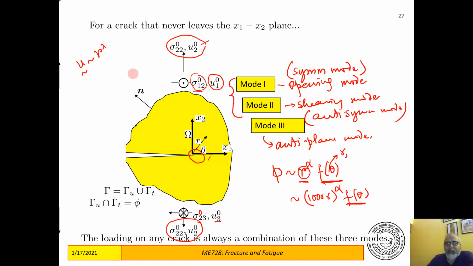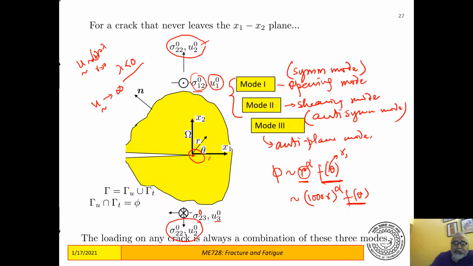So in the limit r tends to 0, if lambda is negative, then displacements will tend to infinity, which means that at this point you will have infinite displacements, which is just not possible. You can have infinite stresses in elasticity. You cannot have infinite displacements because that would violate the small displacement assumption.